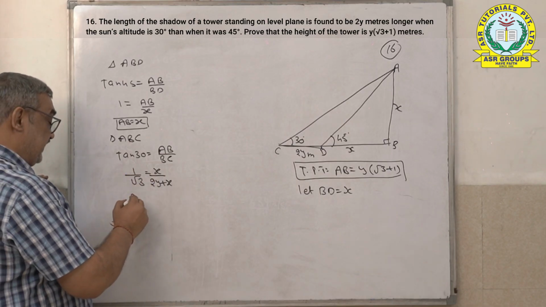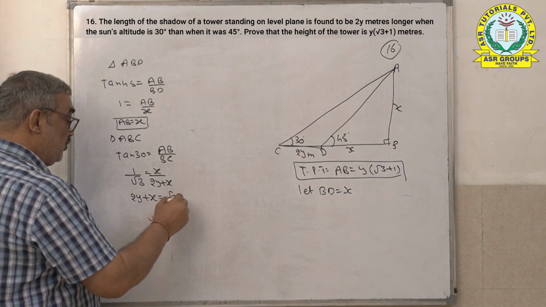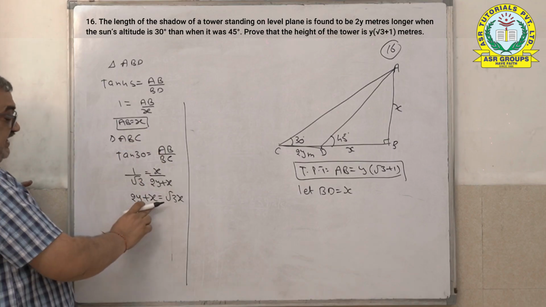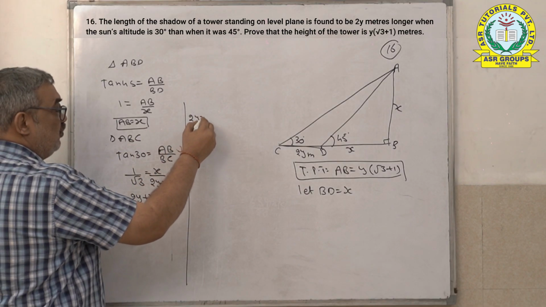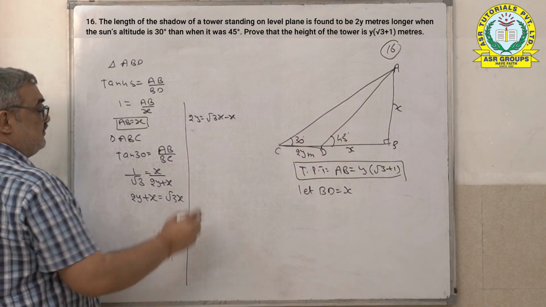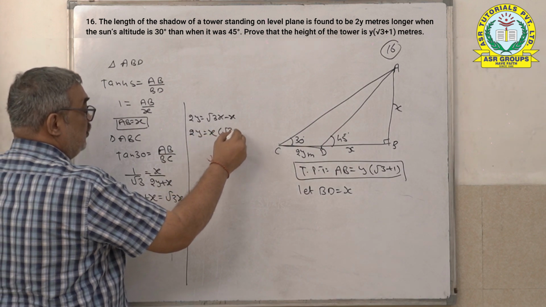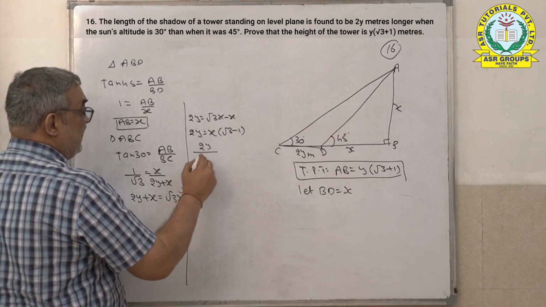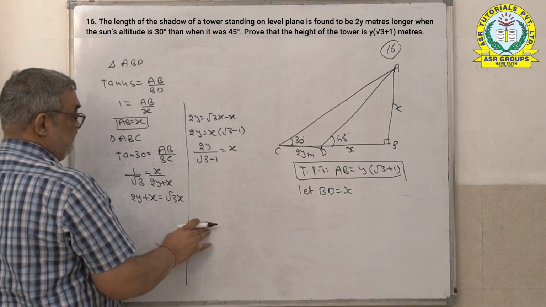We'll do cross multiplication. 2y plus x equal to root 3 x. I have to find the value of x. Take x there. 2y is root 3 x minus x. x common, root 3 minus 1. 2y upon root 3 minus 1 equal to x.